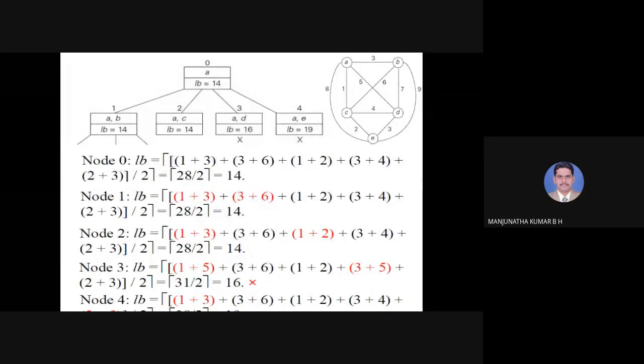Sorry, there is a mistake. Please do one more time the calculation. Because AE, A smallest distance is 1 plus, and another value should be from A to E. It should be 8. Sorry, you do the calculation. It is not 1 plus 3. Later I will make the corrections. It should be 1 plus 8.